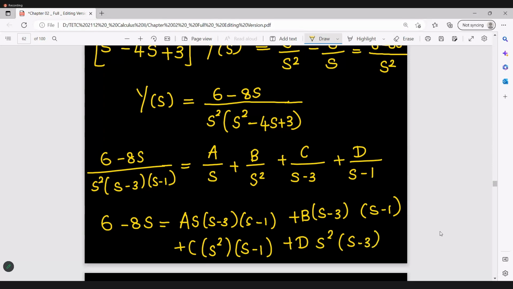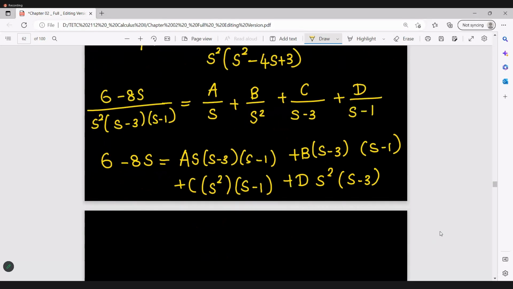So you can substitute some values and obtain the values for a, b, c, d. Then you will obtain a is equal to 0, b is equal to 2, c is equal to minus 1, and d is equal to 1 as your answer.